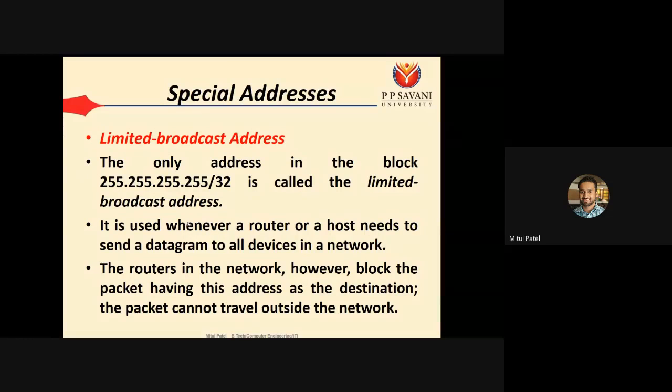So this data is received by all the devices within the network. But when the data reaches the router, the router will see that the destination address is the broadcast address, so it will not forward that data outside the network. That means when this value is set in the destination address, the data stays within the network, and all the devices within the network can receive it.